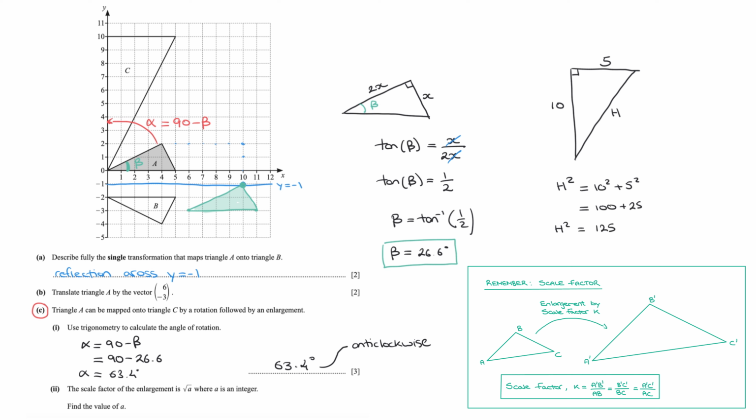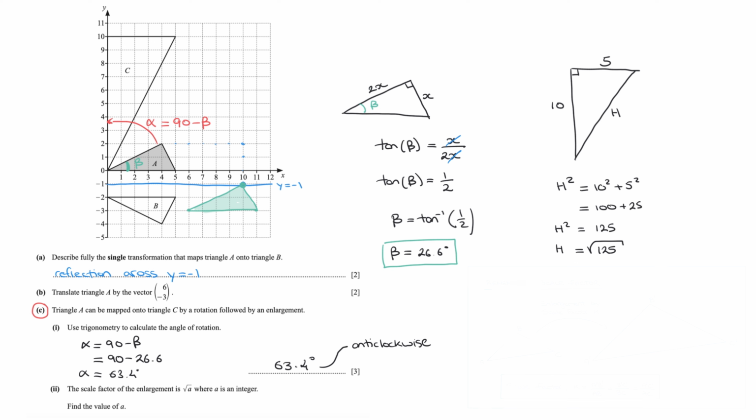125. I carry on, since h squared is equal to 125, we can find the value of h by applying the square root. So h is equal to the square root of 125. Now, to make our life easier, we need to simplify this square root, which we do by looking for the largest square factor we have inside 125. And hopefully you'll agree that 125 is equal to 25 times 5.